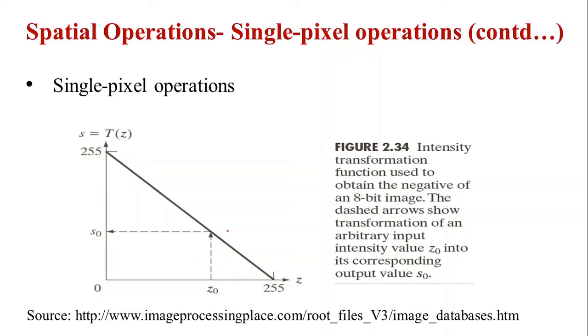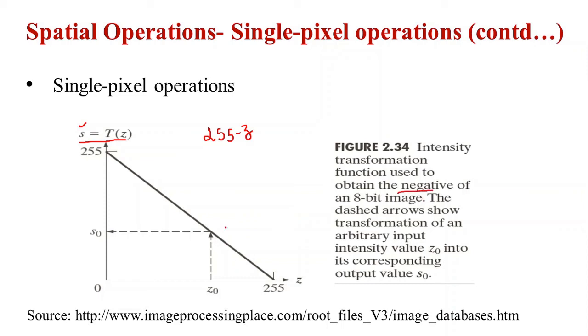How are we going to define this transformation? If the original value is z, then to obtain the value s, we simply subtract the value z from 255 to get my output image, and that is nothing but the negative of my input image.